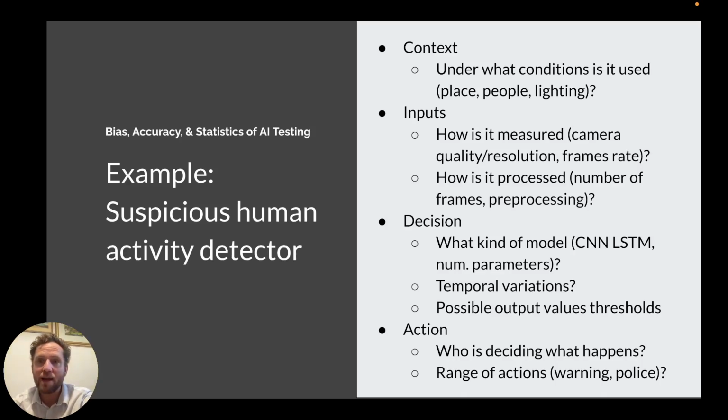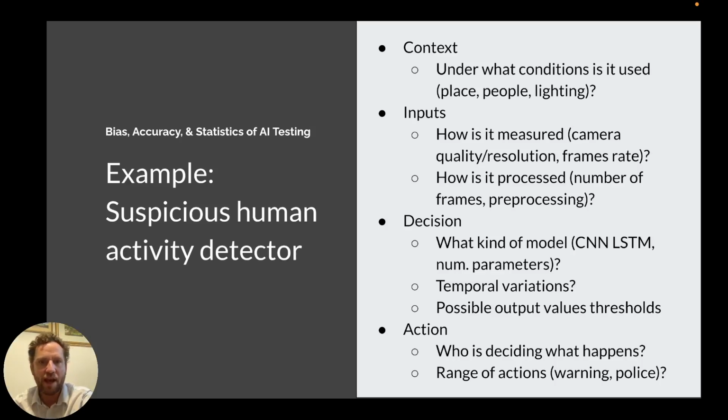Typically, if it's some binary classifier, there has to be some threshold value that is chosen, because most of the time these systems will not output a 0 or 1. It will be something between 0 and 1, and you have to pick a threshold, like above 0.6 is suspicious activity, or above 0.8 or something like that. So those thresholds matter, and how is the testing done relative to those thresholds?